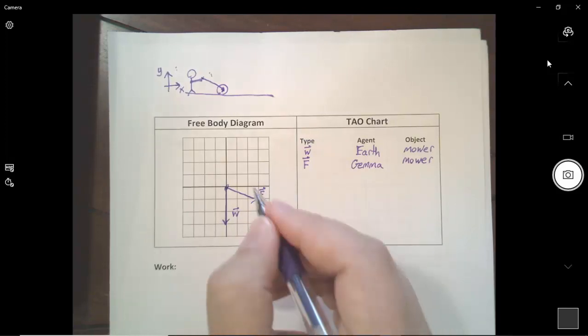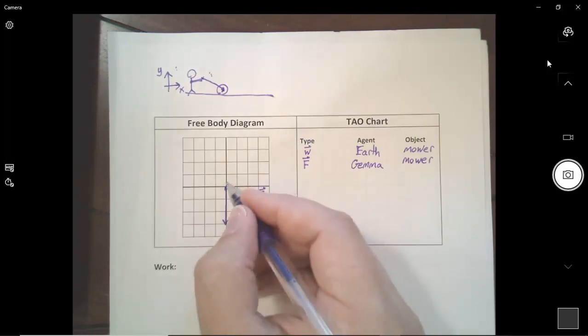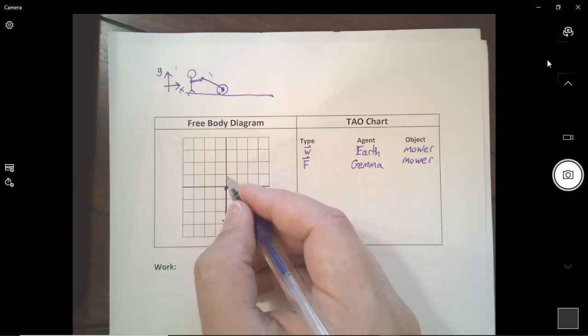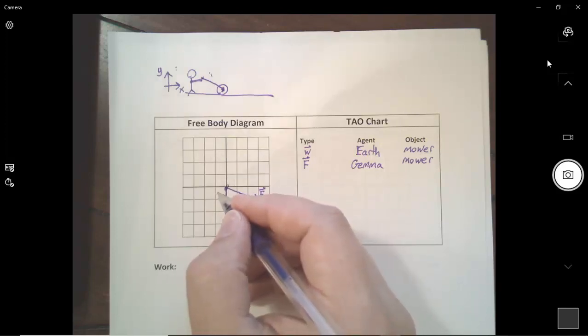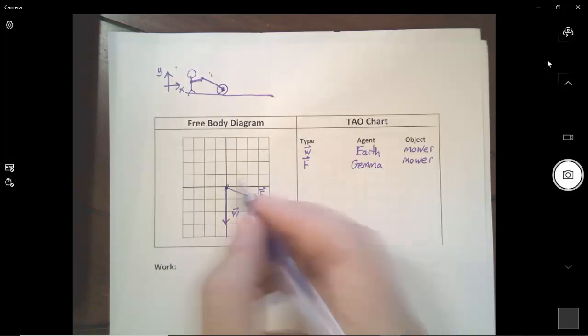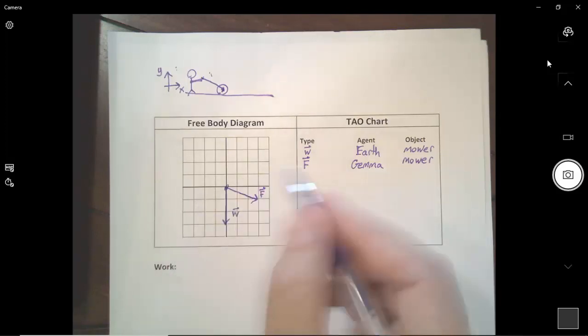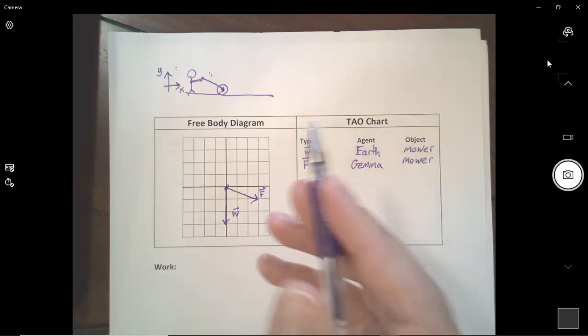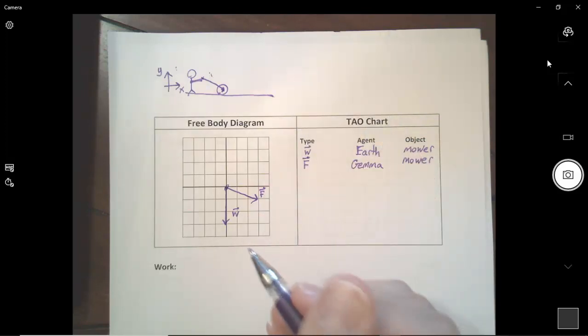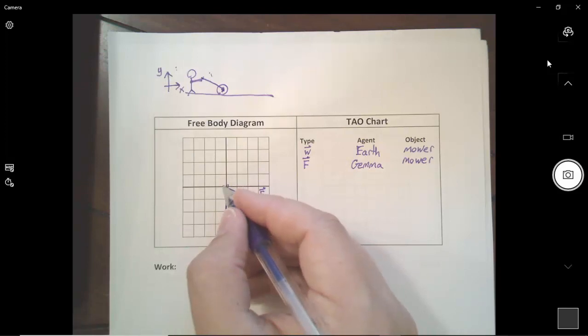Now, I like to save normal force for last, so we have to think about the friction force. It's reasonable to think that Gemma is accelerating the lawnmower to the right, so friction could very plausibly be less to the left than the applied force to the right.